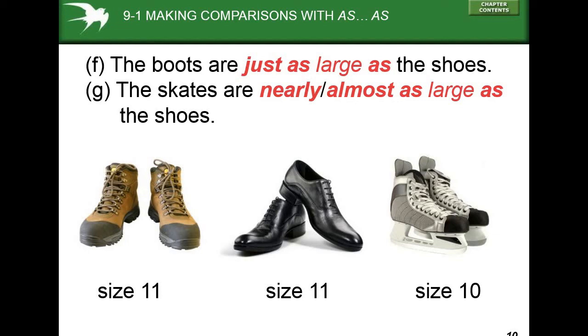Because the difference is only one number. The boots and shoes are size 11. The skates are size 10. So there is not much difference. So we can say the skates are nearly as large as the shoes, or we can also write: the skates are almost as large as the shoes.